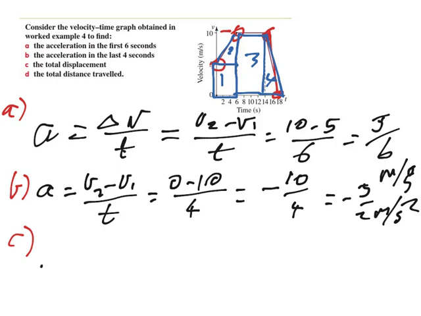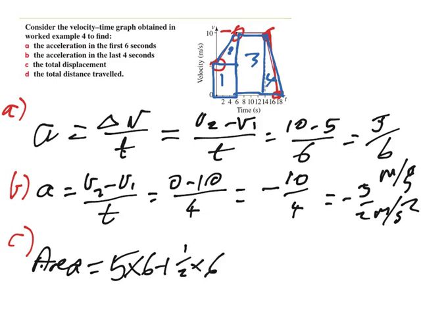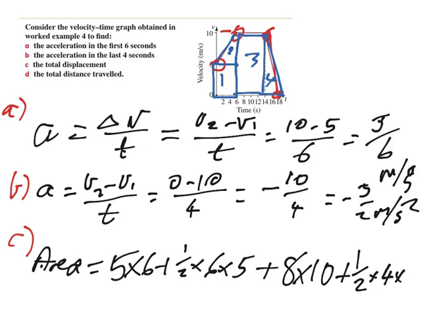So the displacement, which is related to the area, 5 times 6, plus that triangle, which is a half, times the base, which is 6, times the height, which is 5, plus that rectangle, and that rectangle goes from 6 up to 14, which is 8, times 10, and then the triangle area number 4, which is a half times the base, which is 4, times the height, which is 10.